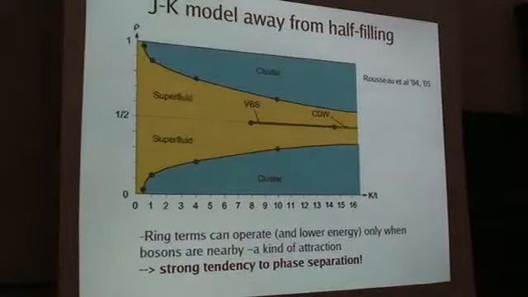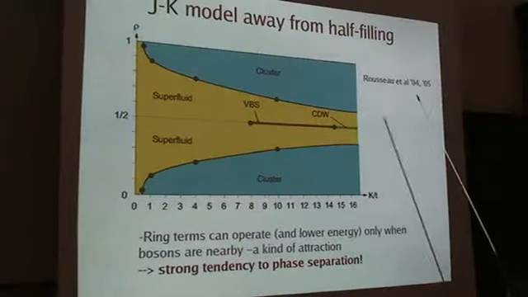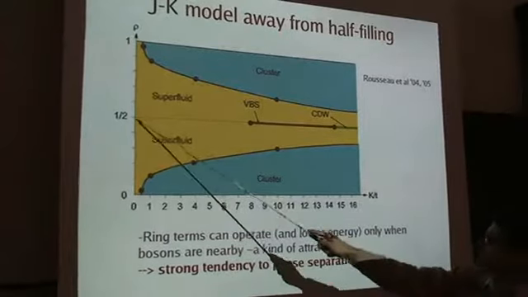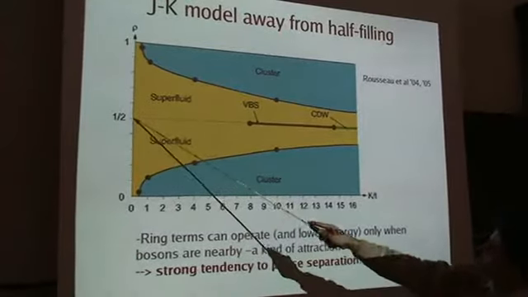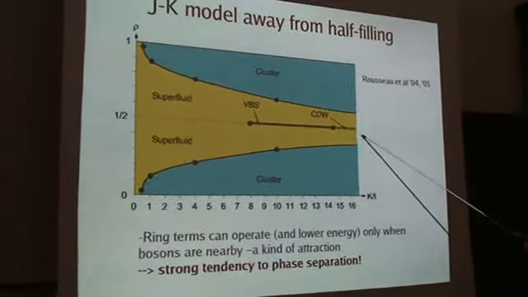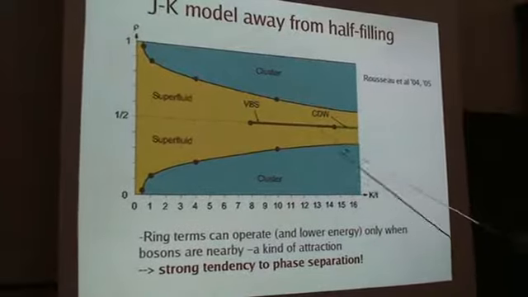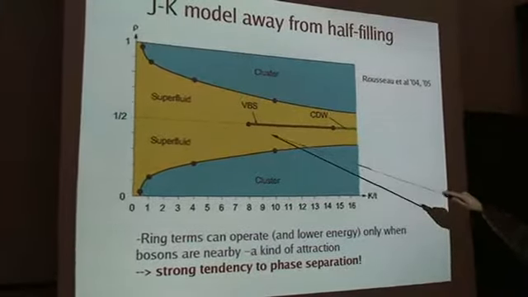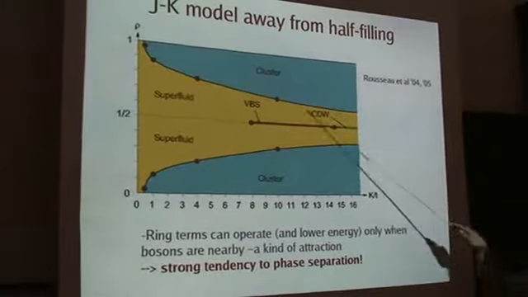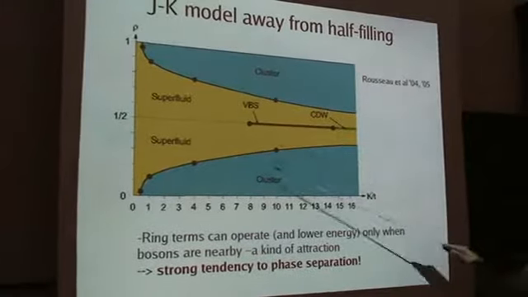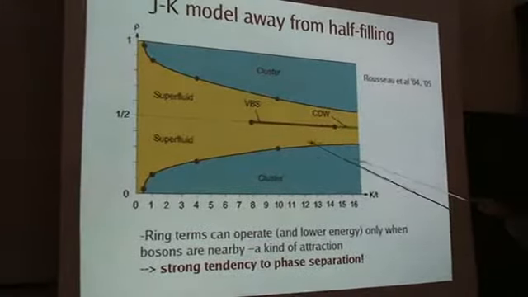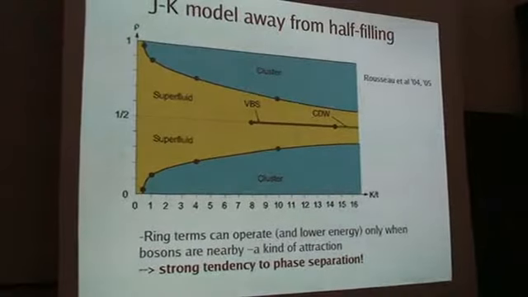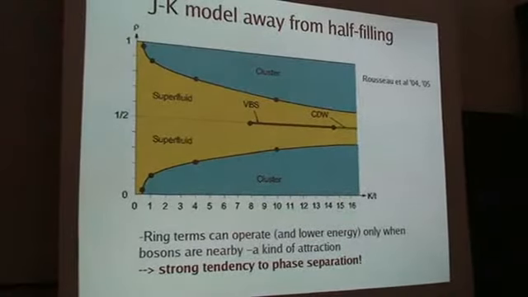Now, the same model was studied away from half filling. This horizontal axis is exactly the phase diagram I had on the previous slide, and what was found is that the moment one went away from half filling, the system became superfluid, and when one went to still lower densities, the bosons phase separated.